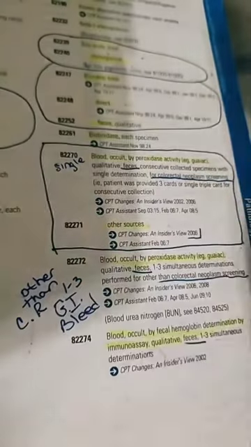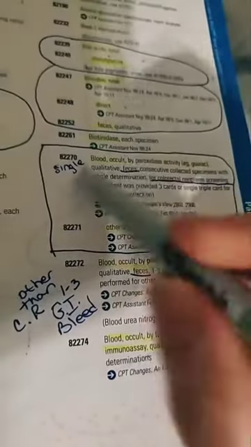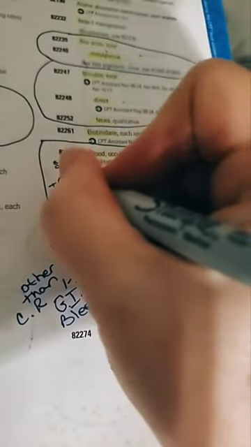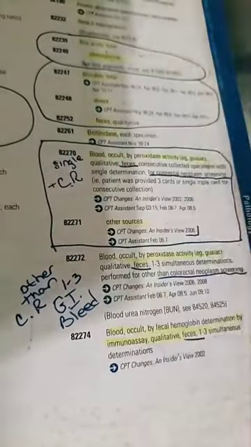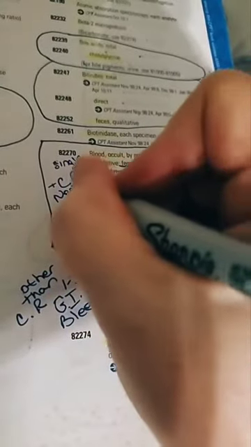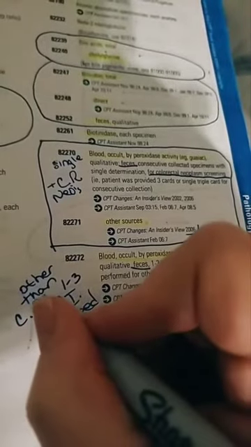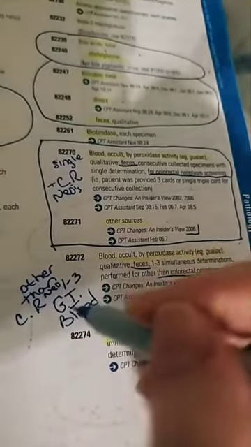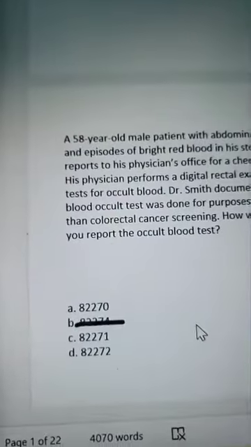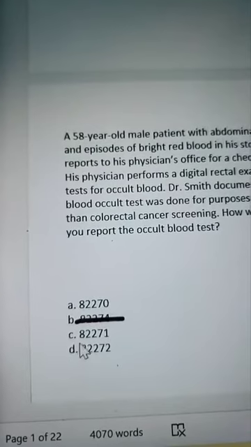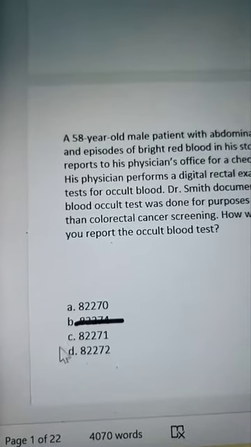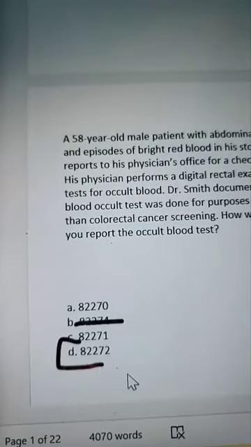CRC, colorectal, yep. These are for positive colorectal screening. Colorectal neoplasms, positive colorectal neoplasms, other than colorectal neoplasms, for GI bleeds. But definitely 72 is our answer. Now that we've got our codes marked up properly to answer this question, we're definitely going to go with D, for sure.